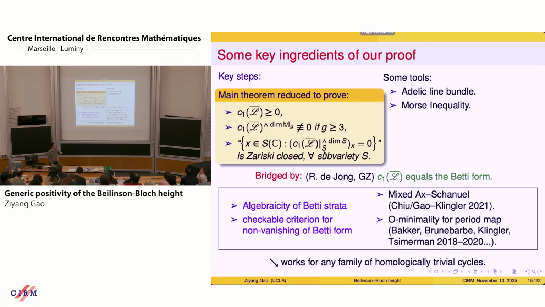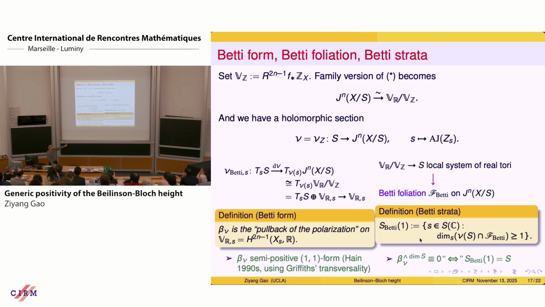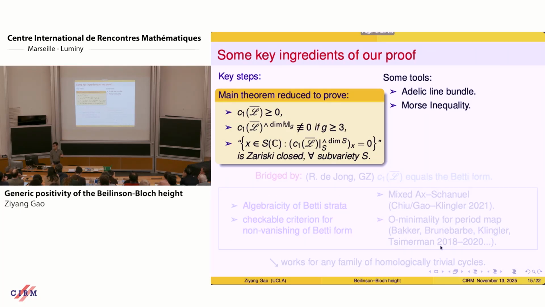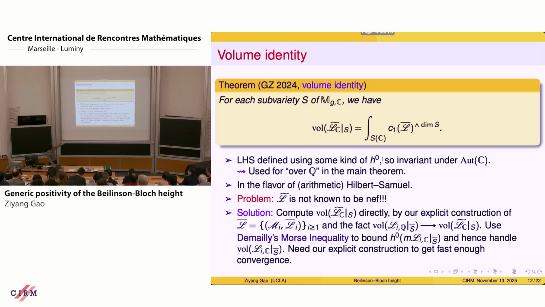Even in that case, it's not known at all beyond the Shimura world. So some partial results were proved by Urbanik, Klingler, and Otwinowska. So they proved that some part is defined over Q bar, but in practice it cannot be applied to any family basically.